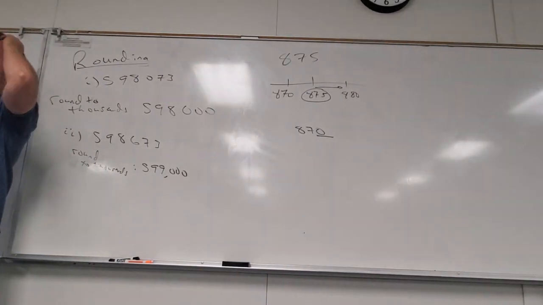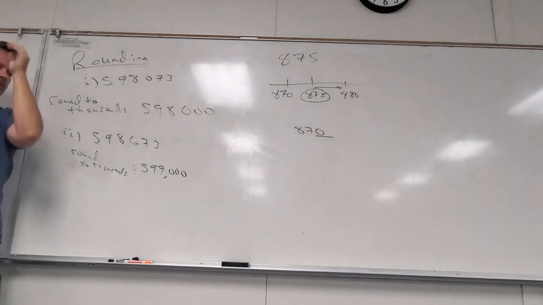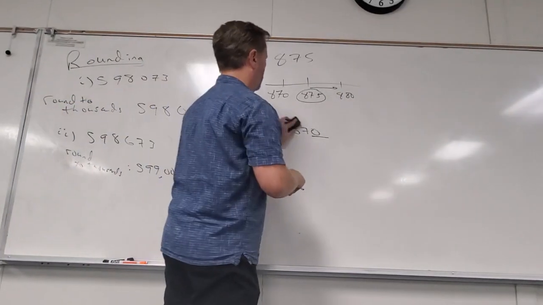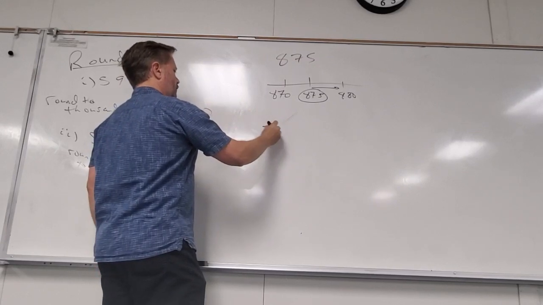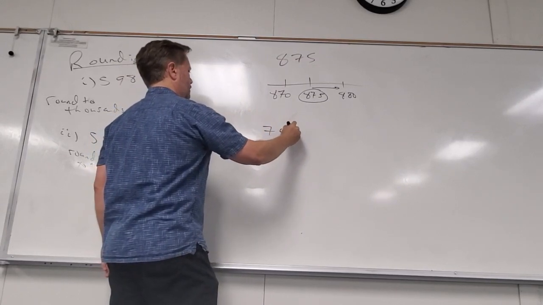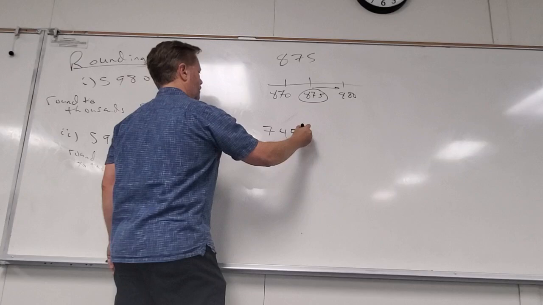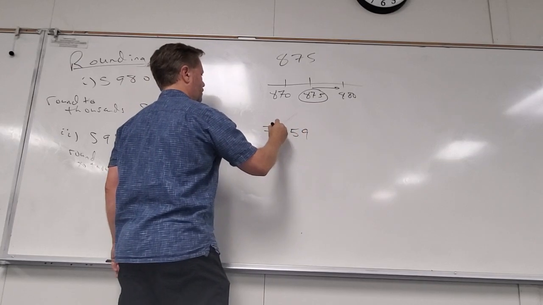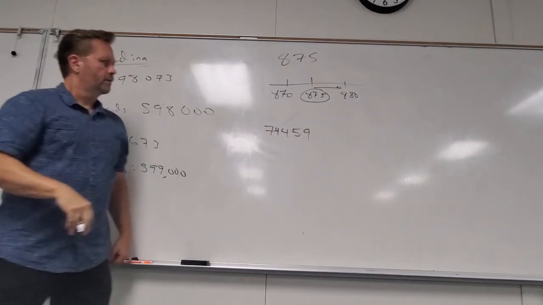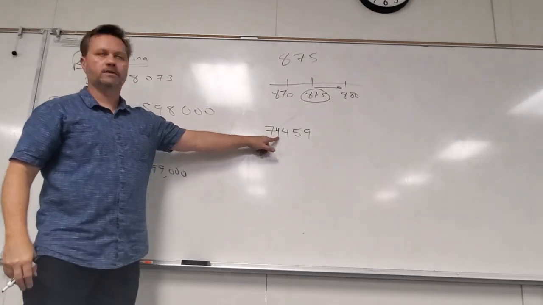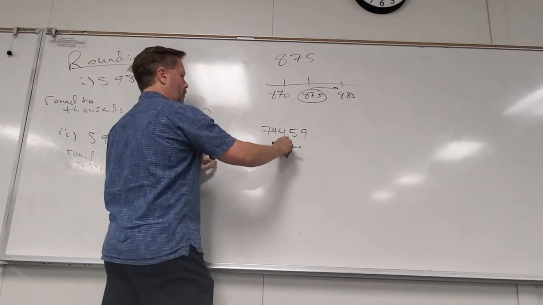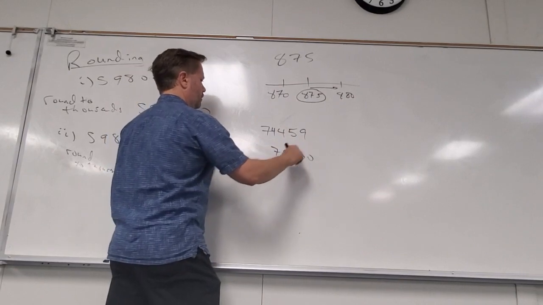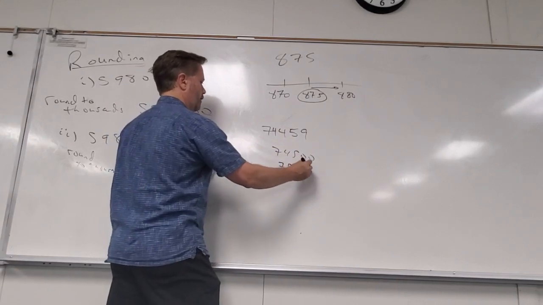Another little thing that happens with rounding, I'll see this often, normally with decimals, but not to bring decimals in too early. So if I said round this to the thousands place, somebody will say, well, that would go up to 500, and then that would make that go up to 75,000.